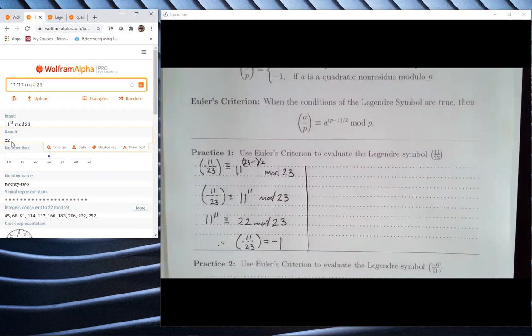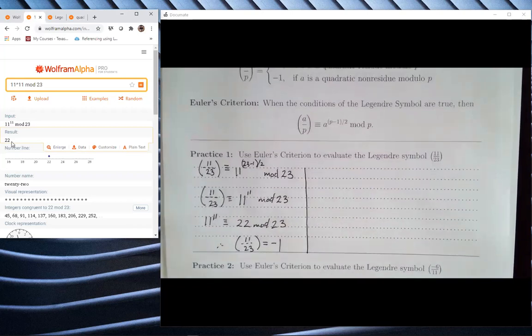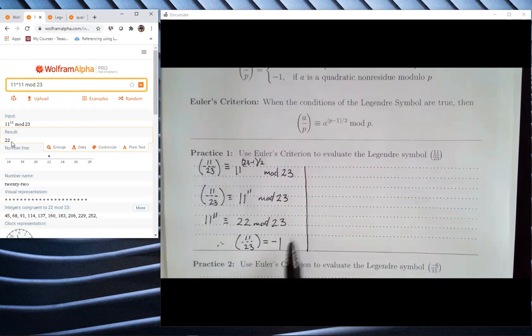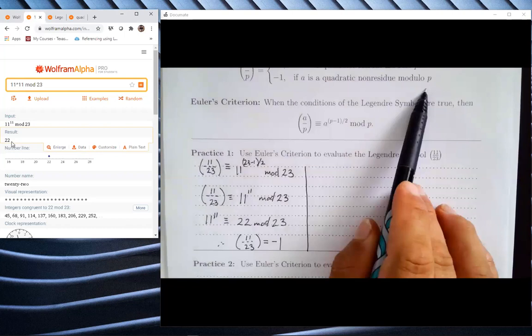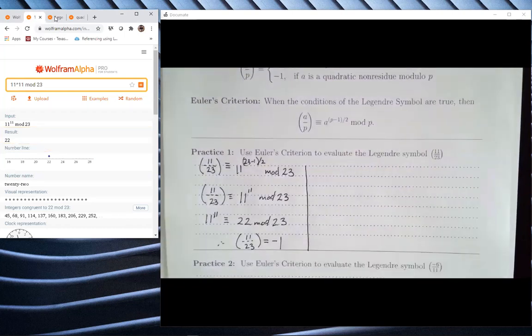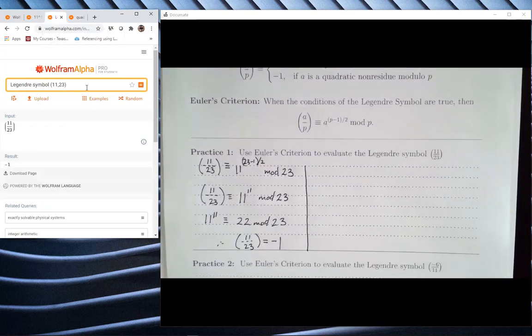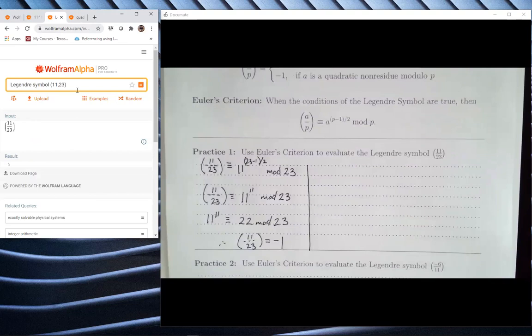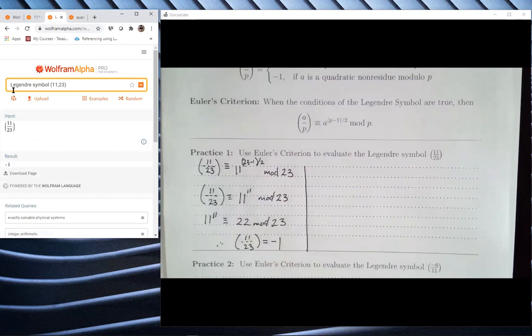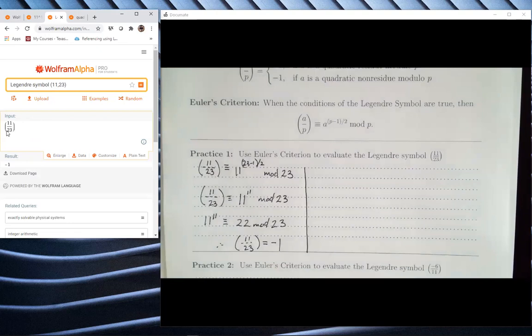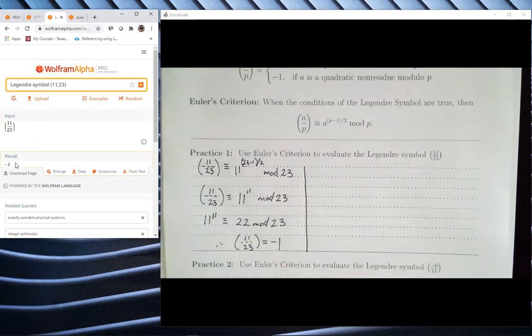We did say that this -1 lets us know that 11 is a quadratic non-residue modulo 23, and of course we could also use Wolfram Alpha to check that information and see whether we got the Legendre symbol computation right. We input the Legendre symbol of 11 modulo 23, and it is -1.